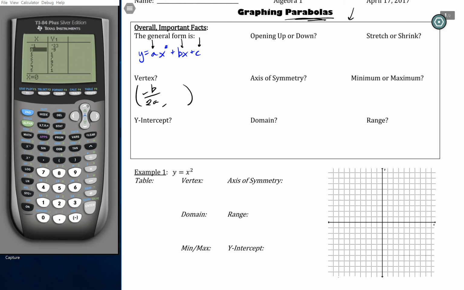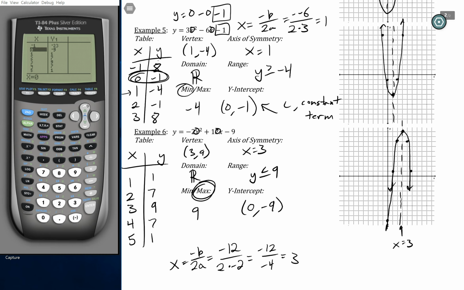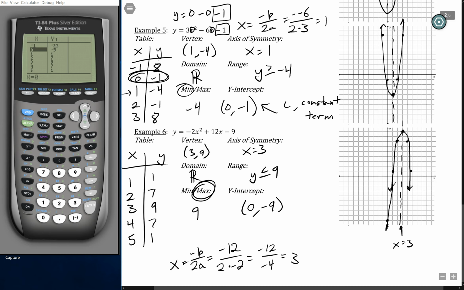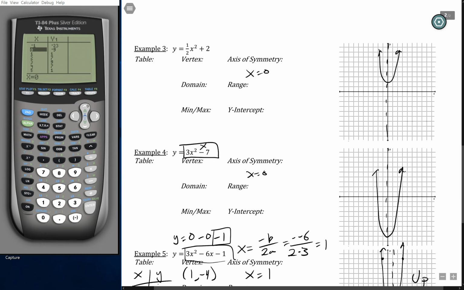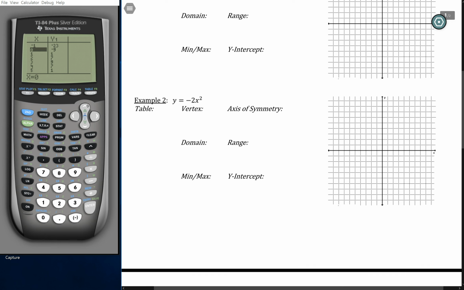Opening up or down? So let's see if we can figure out a pattern. Down here, this parabola is opening down. What do we notice about this function that might cause it to go down? This parabola is opening up. What do we notice about this function that might make it go up? And if you have your notes on you, you can also refer to these two examples and example 2.